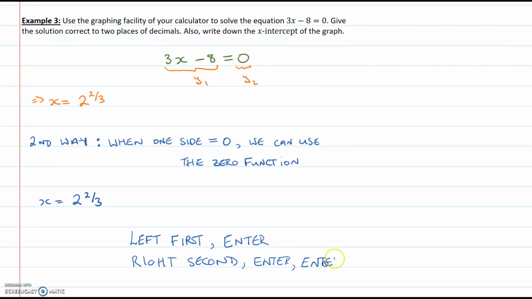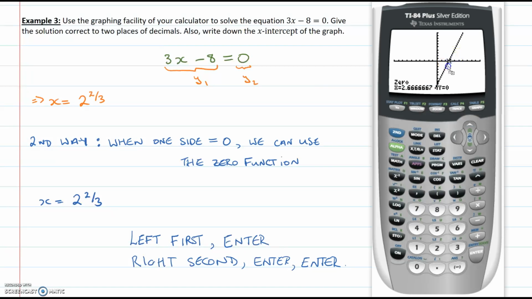When we talk about left and right, we mean left and right of the spot where the graph crosses the x-axis. The place where a graph crosses the x-axis is called a zero. We use this technique whenever you have an equation where one side is set equal to 0.